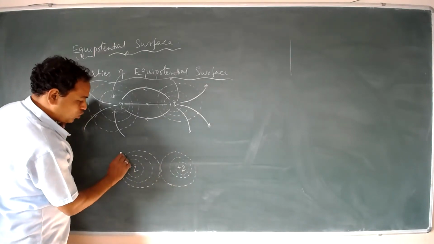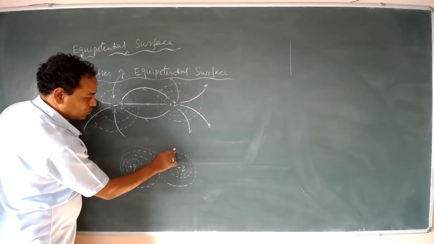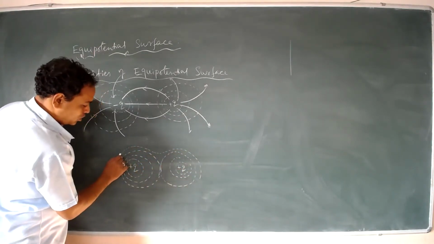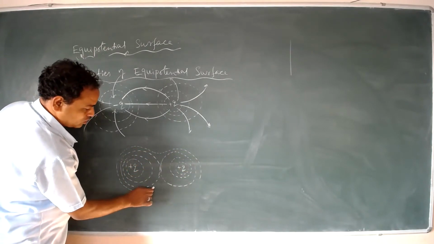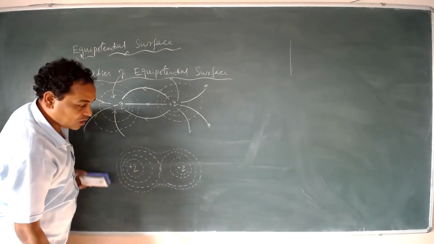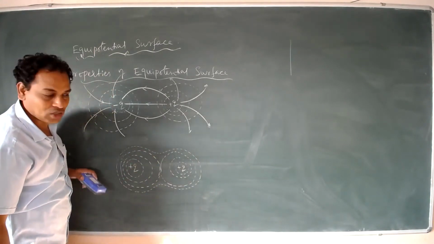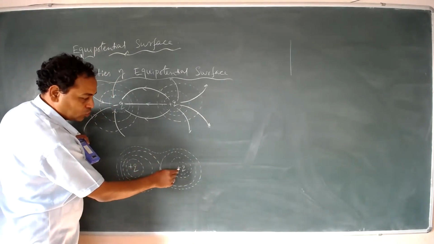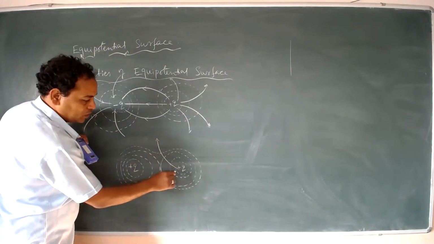So in this region, these are the potential surfaces. Here the field lines will be repelling each other, same. This is positive, the field lines will be repelling each other.